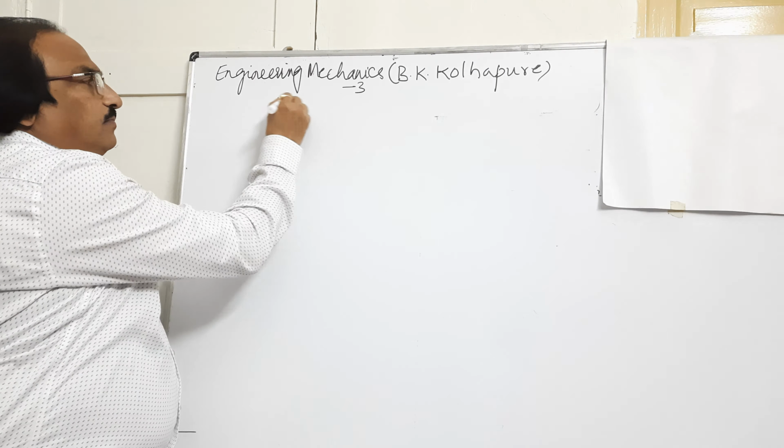Now suppose one of them is stronger, 15, so 25 is left, and 15 plus 15 will be 30, pulling towards right. Now you see that the right side team is stronger than the left side team. So what will happen?